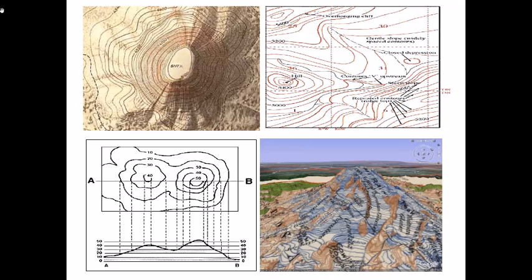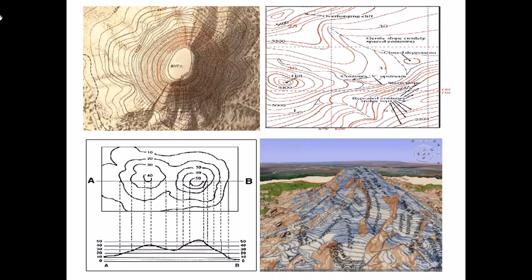By having a map that shows lines of different reduced levels, you can guess or know for sure about the shape of the land, how the topography of the land changes, or how the slope of the land changes.